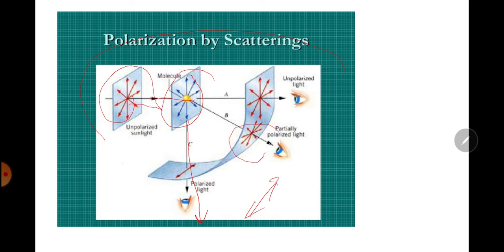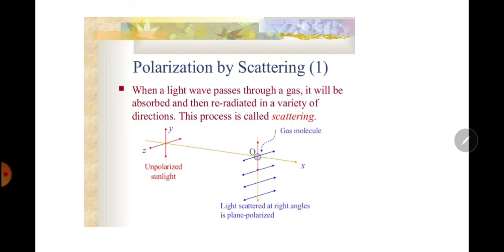It is partial polarization if it contains two planes of vibration, one in a huge amount and the other in a small amount. Unpolarized light is absorbed by a molecule and released in a polarized way.